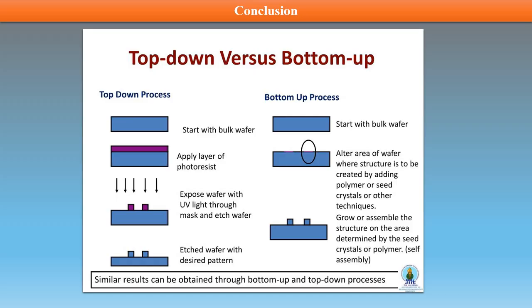Both the top-down and bottom-up approaches have their advantages and disadvantages, and researchers often choose the most suitable method based on the specific properties and applications of the nanomaterials they aim to create. Additionally, a combination of these approaches, known as hybrid approaches, can be used to achieve even more complex nanoscale structures with tailored properties.